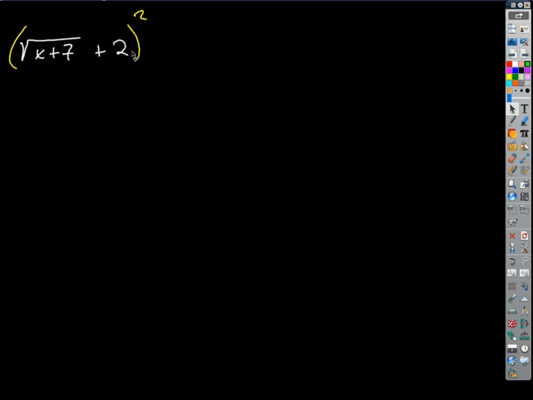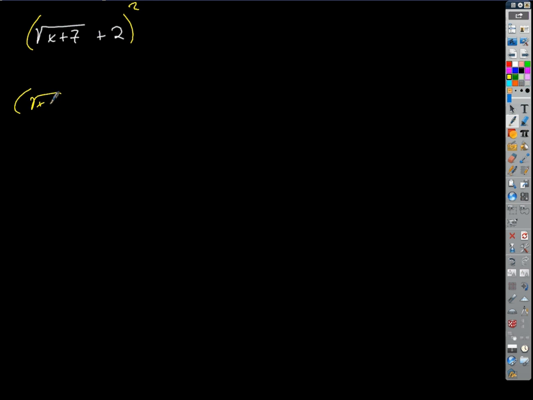So we don't have to use the pattern. We could just do this, right? We could just say the square root of x plus 7, plus 2, times itself, and distribute. We can do that, right? So what's that give us?